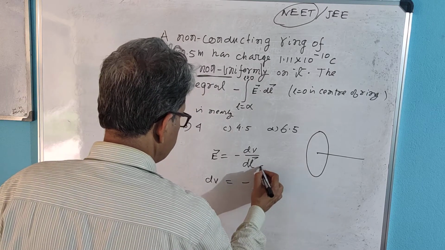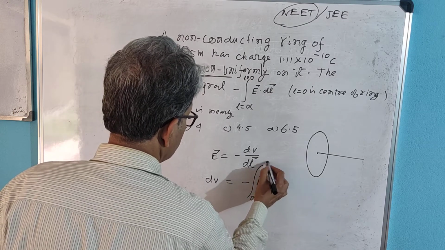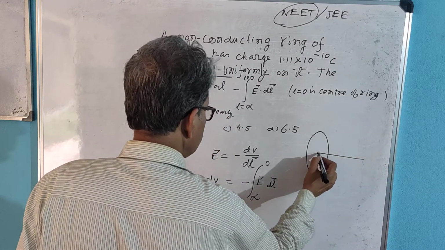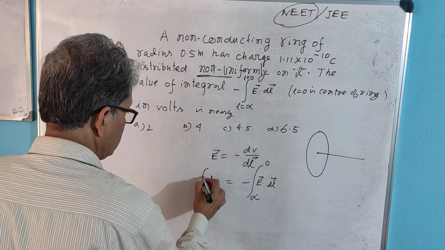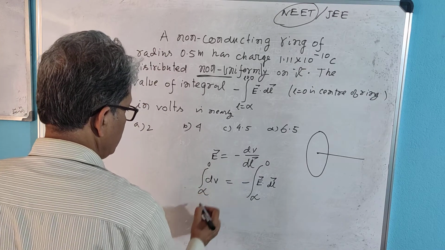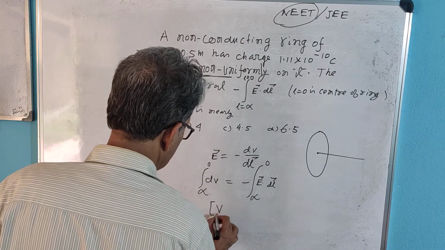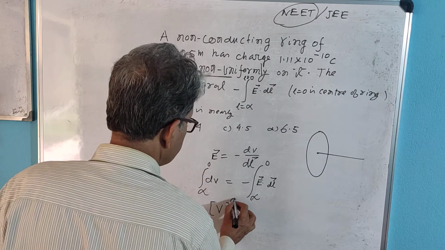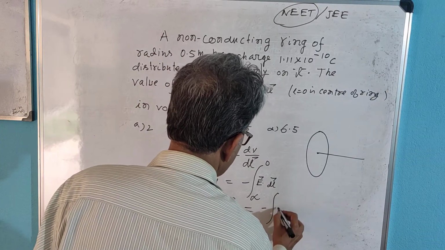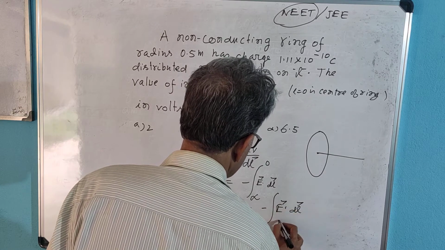You are integrating from infinity to 0, that means coming from infinity to this point. So the integral becomes the integral of dV from infinity to 0. I have to find the value of this integral.